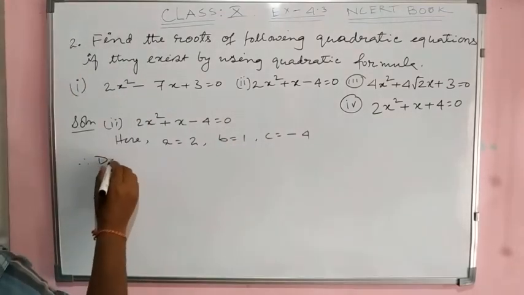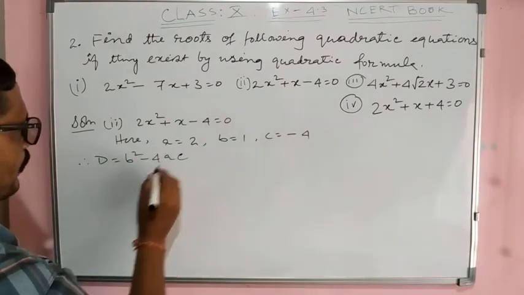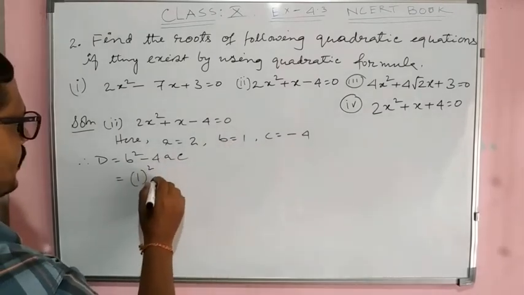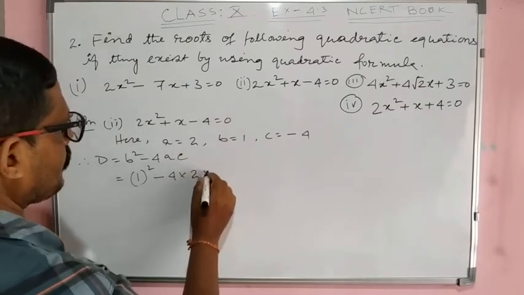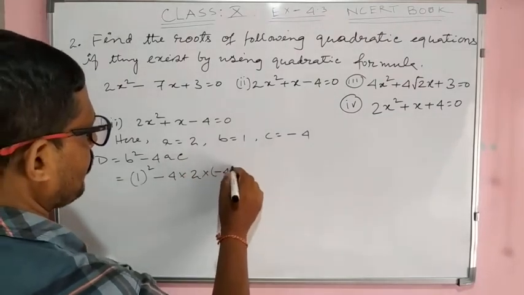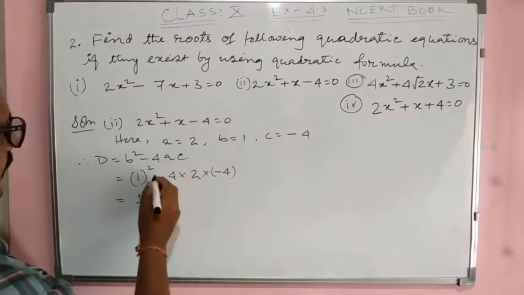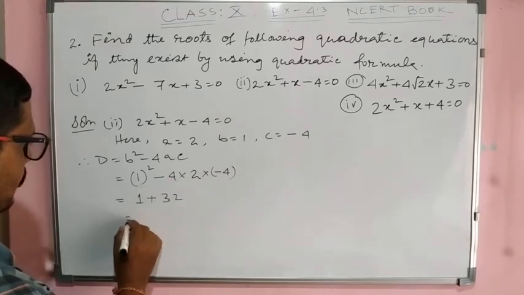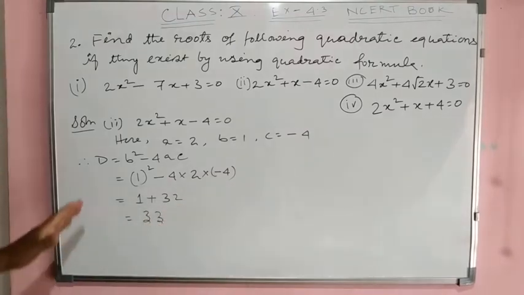Therefore, D equal to b square minus 4ac. b is 1, so 1 square, minus 4 into a, which is 2, into c, which is minus 4. So we get 1 plus 4 fours are 16, into 2 is 32, that gives 33. Thus the value of D is 33.